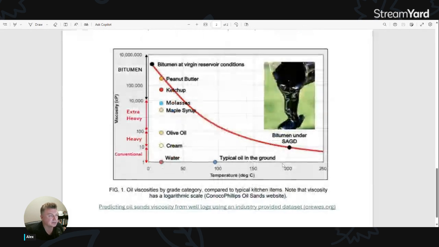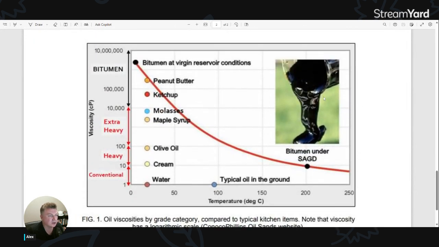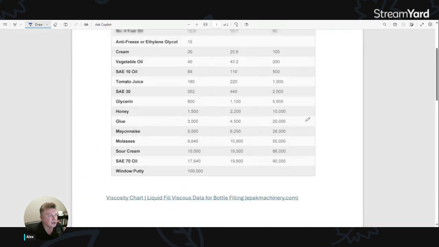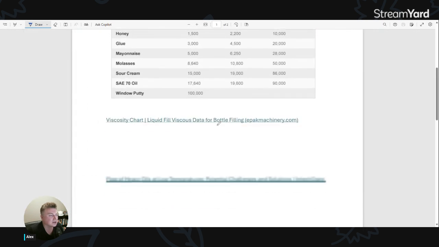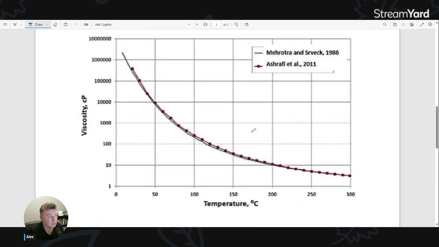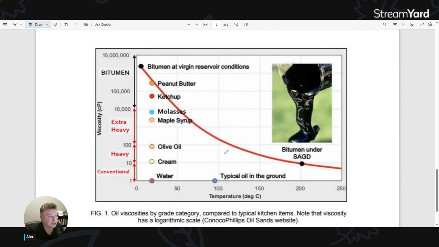So this really helps us to better understand the flow of that bitumen, right, as a function of the temperature, combining what I showed here, where we have all those different liquids, and the chart for viscosity reduction, where at this point we understand that viscosity needs to be reduced as a function of temperature. Otherwise, it's just not going to flow freely.